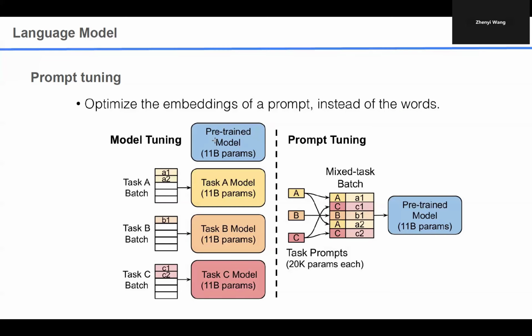After the fine-tuning, suppose we have three tasks A, B, C, and we separately fine-tune for these three different tasks. We will have three different models. So this fine-tuning approach is parameter inefficient because during deployment, we have to maintain three different models.